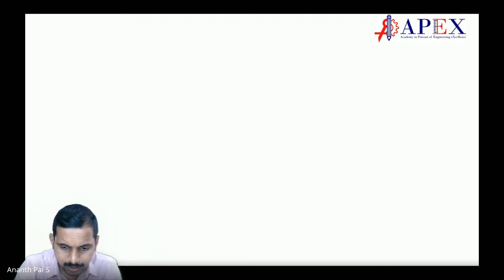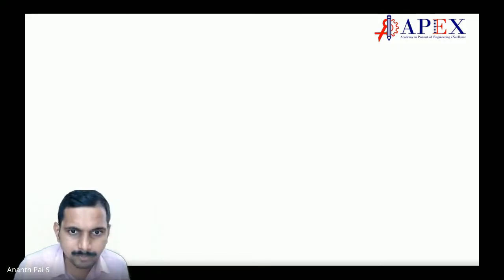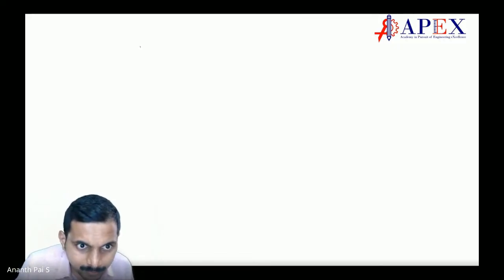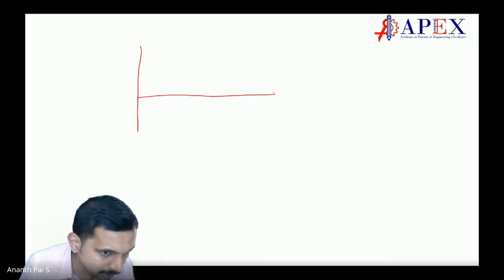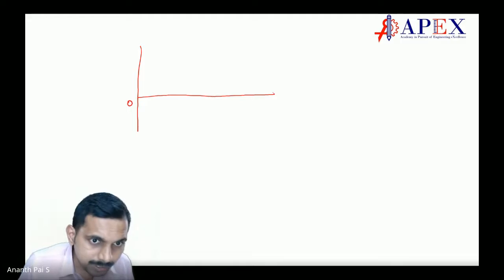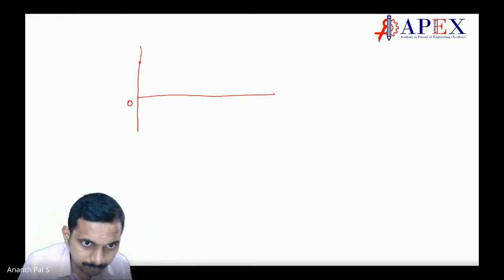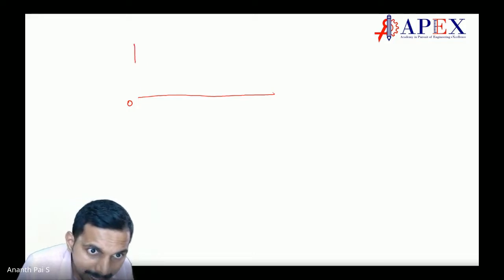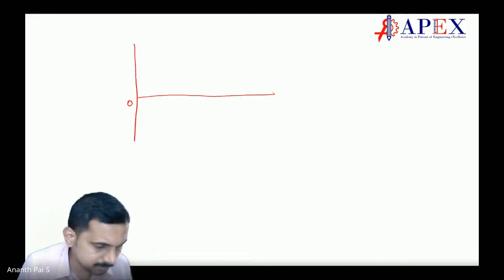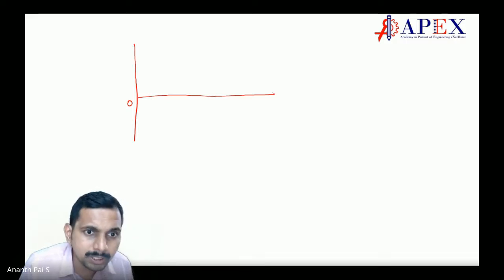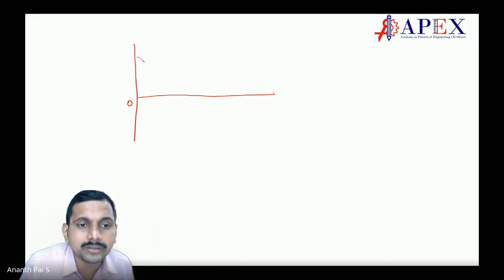So this problem here, what has happened? We have defined this function like this. At x is equal to 0, the value is 0 only. But as x goes a bit higher, it will be 1 by 2 minus x.